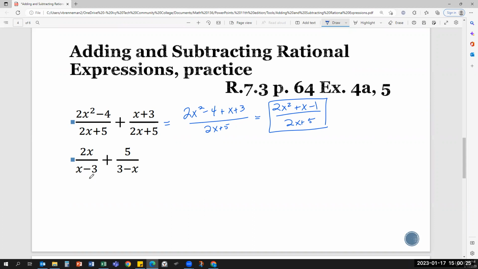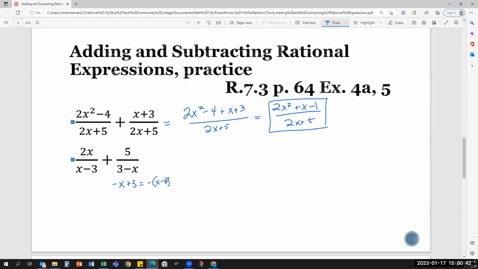Next example: 2x over x minus 3 plus 5 over 3 minus x. These aren't quite like terms. We have x minus 3 and 3 minus x. When you have subtraction in opposite order, the 3 minus x is really negative x plus 3, which is the negative of x minus 3.